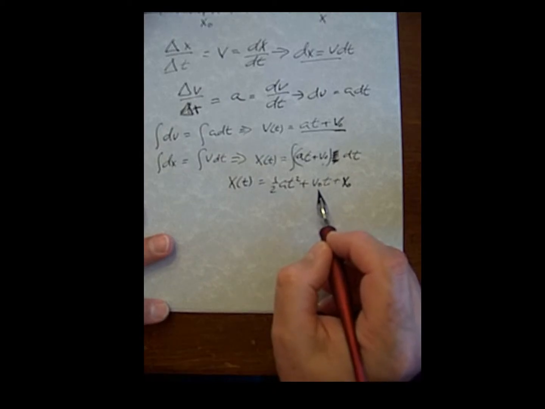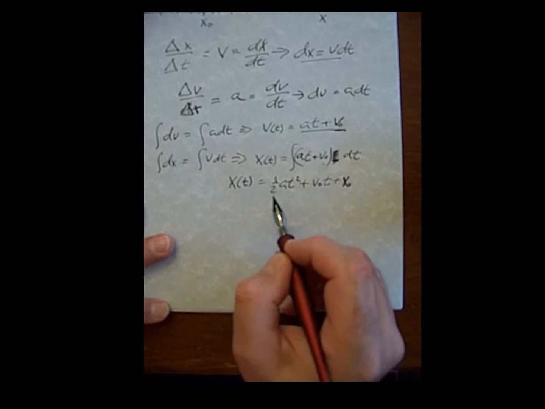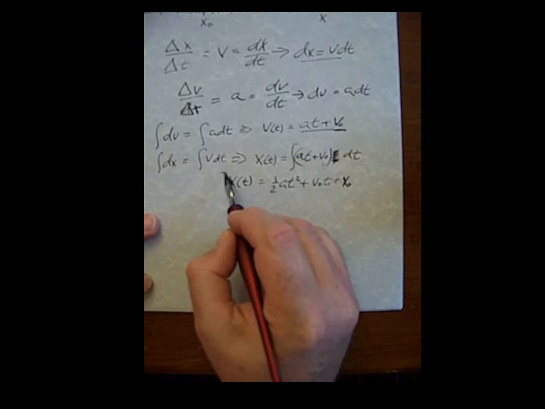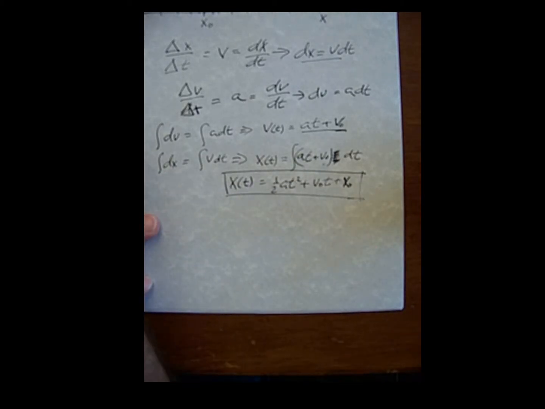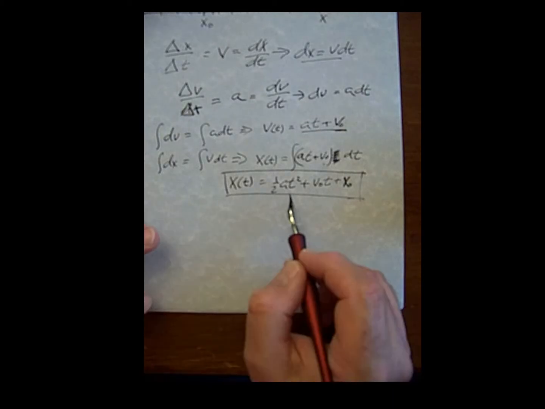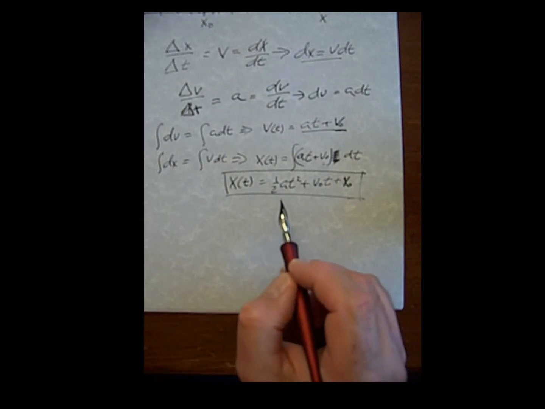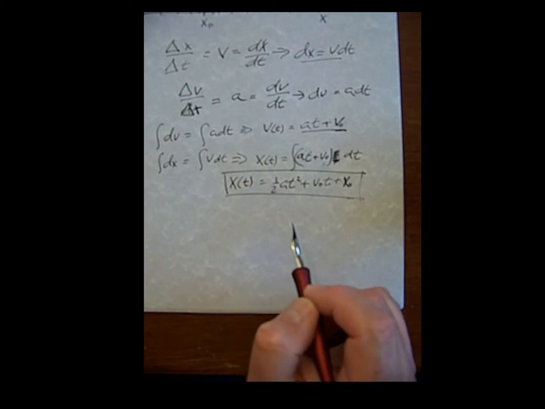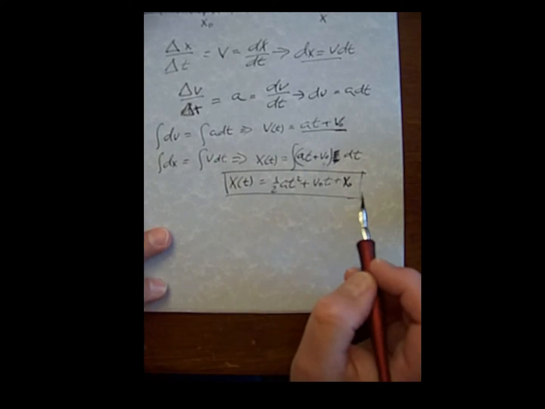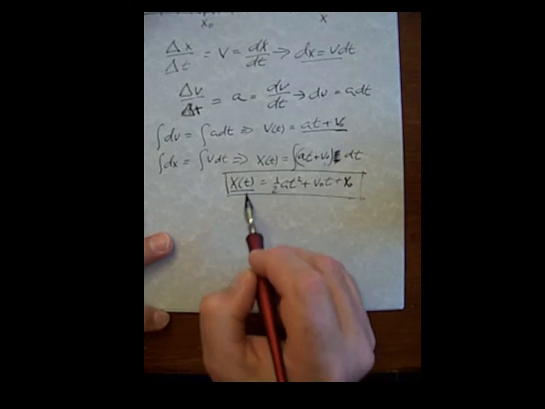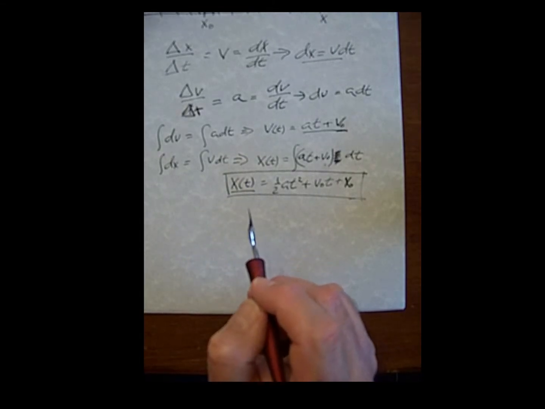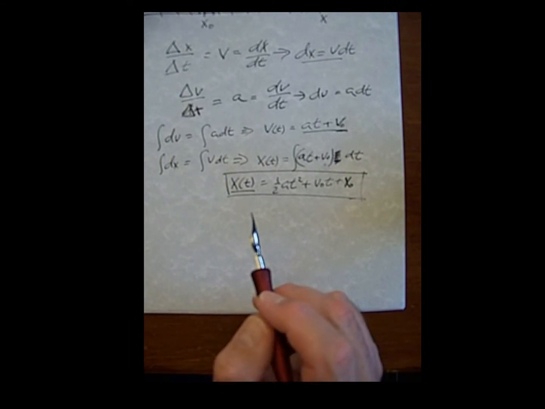v0 is a constant, x0 is a constant. So this is sort of the generalized equation for position of x with respect to acceleration. So if we know the acceleration, and we know the initial velocity, and we know the initial position, we can always determine the exact location and position of x.